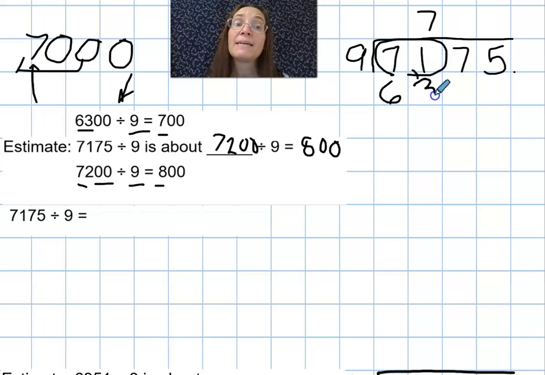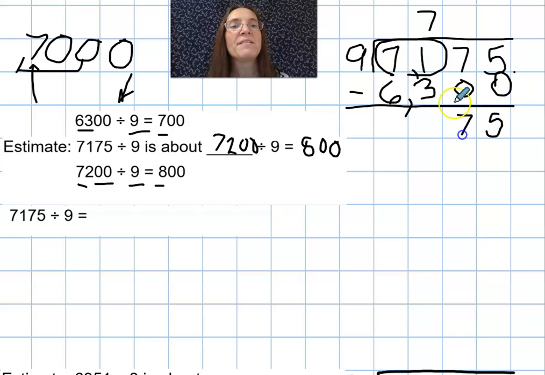And so 9 times 700, that 7 in the hundreds place, will be 6,300. Each of these 9 groups is getting 700s. If I take away those 6,300, I am left with, I'm going to do some subtraction regrouping here, 11 minus 3 is 8. 875. I've divided the thousands and hundreds.